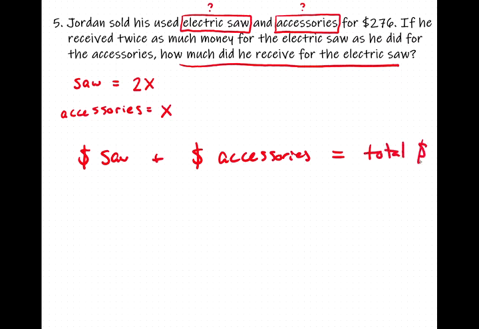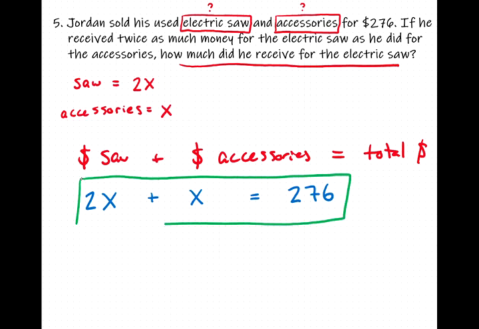So if we convert that into a mathematical equation, the money received for the saw was $2X, and the money received for the accessories is X dollars. So together, that should equal the total amount of money, which is given in the problem. That's the 276.